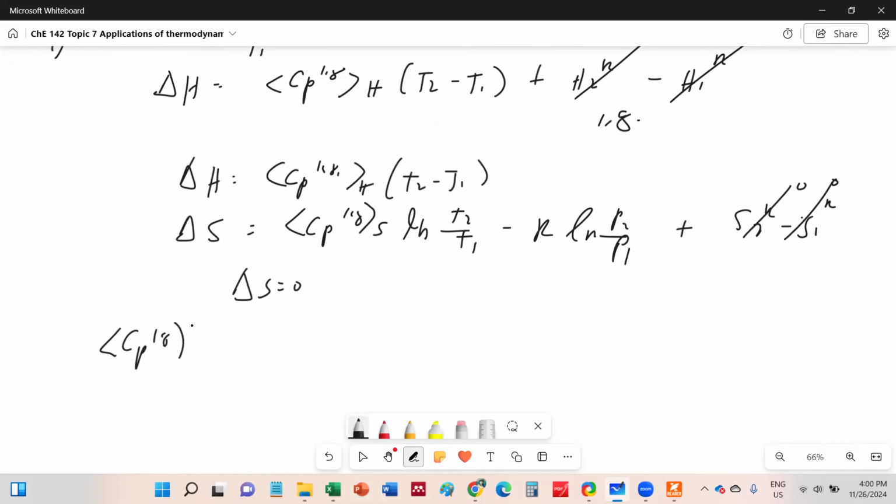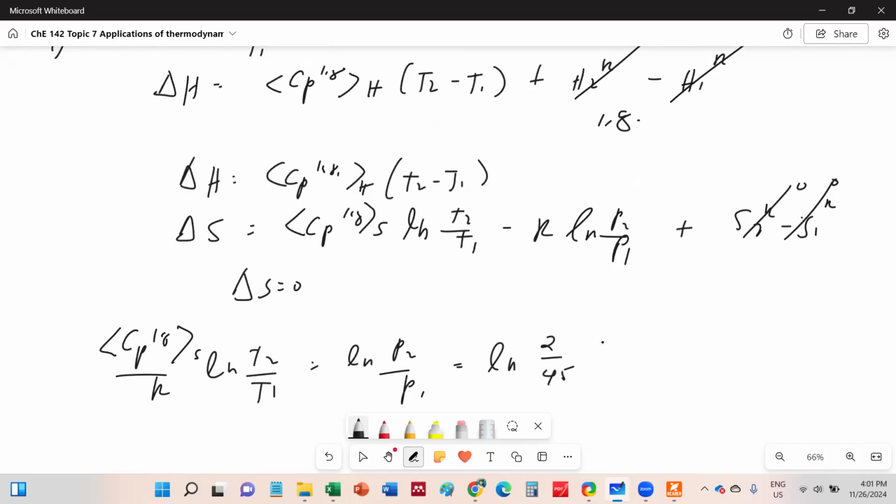CPIG over R. So let's transfer one term on the other side of the equation. Okay, is ln P2 over P1, right? P2 and P1 are known, so let's substitute that.